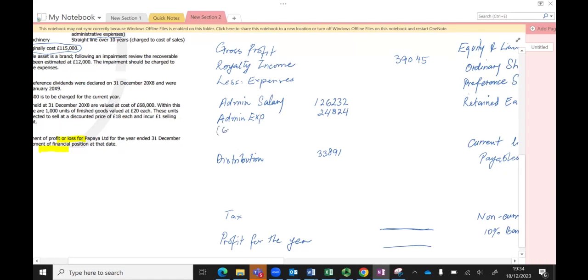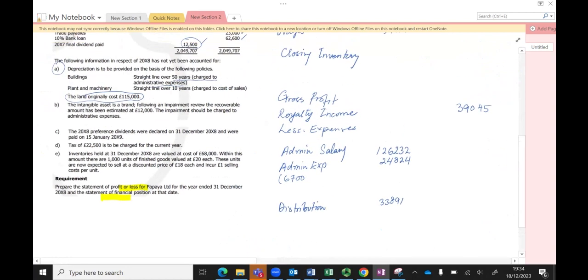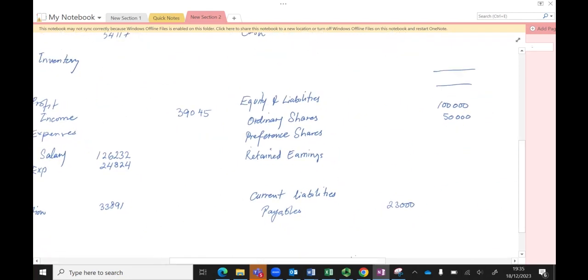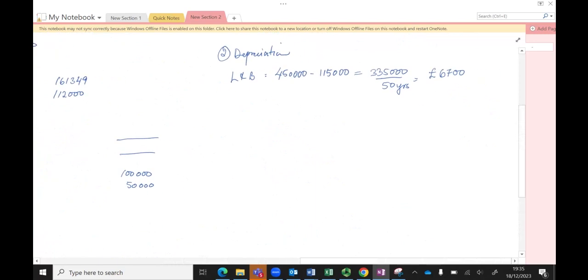Into that, I'm going to add 6,700. Next, the plant and machinery is to be depreciated over 10 years, and the depreciation should be charged to the cost of sales. Okay, so let's go to the depreciation calculation.